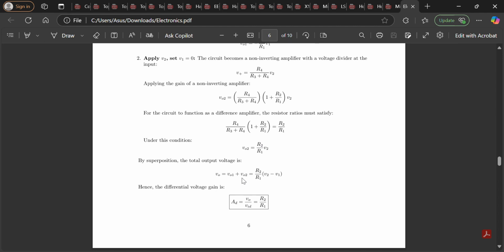And also the differential voltage gain should depend only on the ratio of the two resistances.